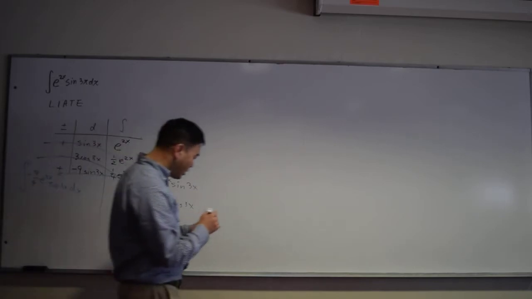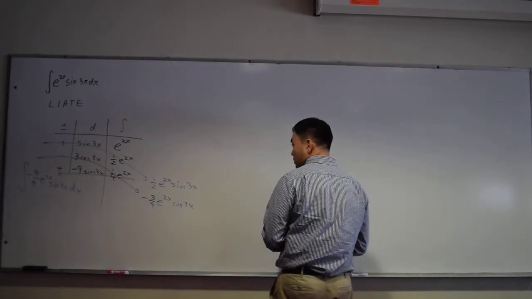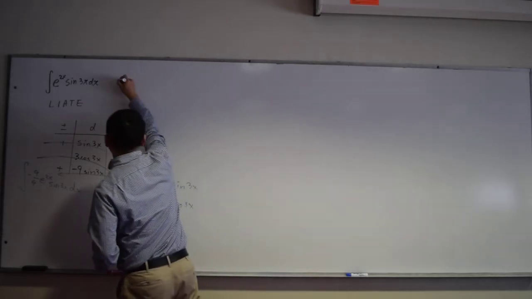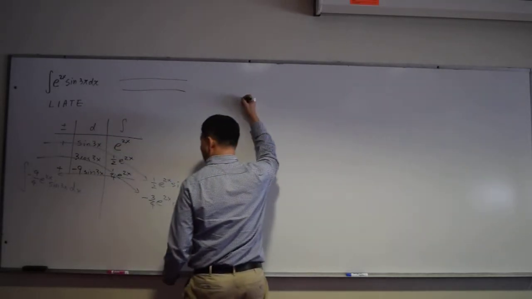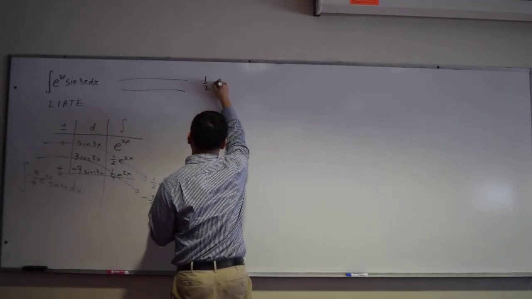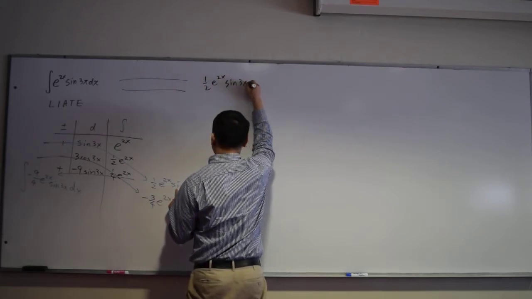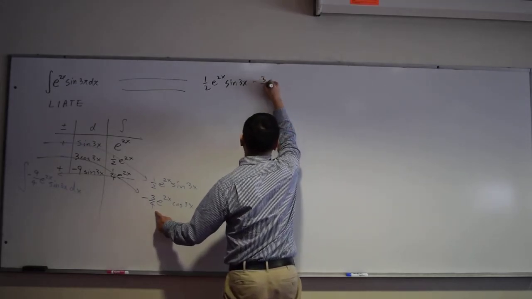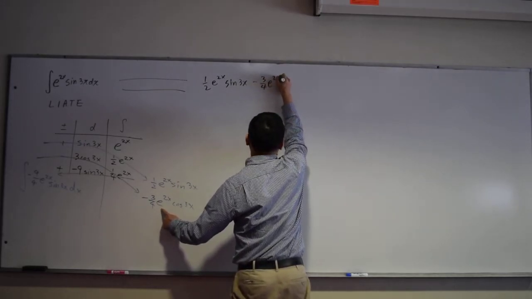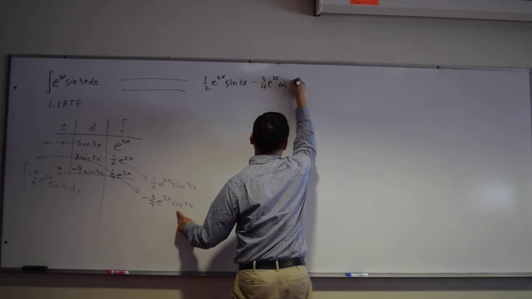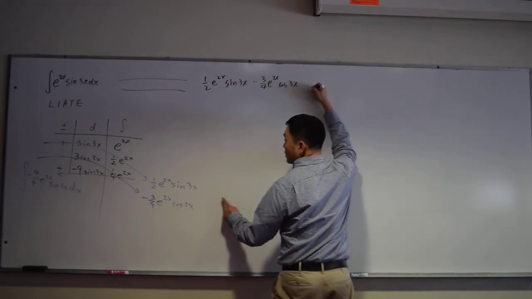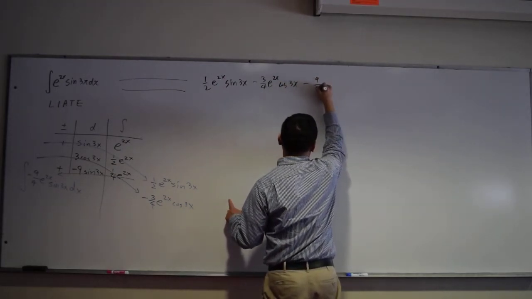So this result tells us the following. It says that this integral is equal to 1/2 e to the 2x sine 3x minus 3/4 e to the 2x cosine 3x, and then minus 9/4.